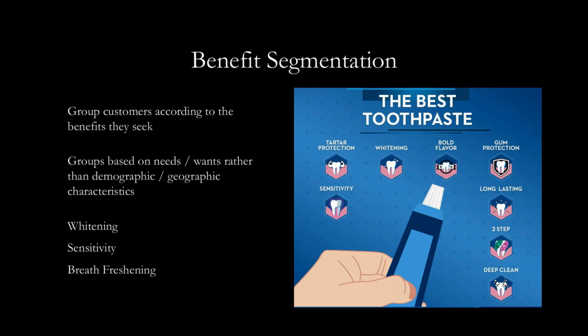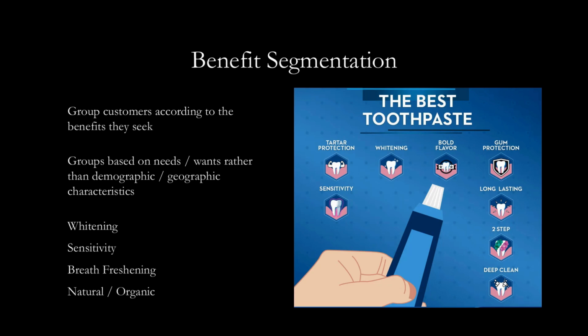Breath freshening. Customers concerned about bad breath buy toothpaste with extra breath freshening power, such as Crest Pro Health or Scope toothpaste. Natural and organic. Customers who want natural ingredients buy toothpaste without artificial additives, such as Tom's of Maine or Hello.